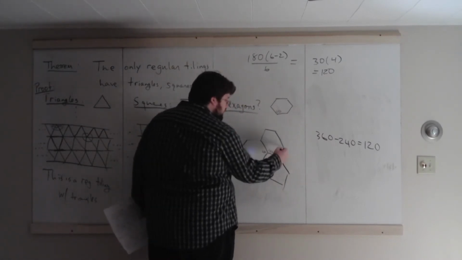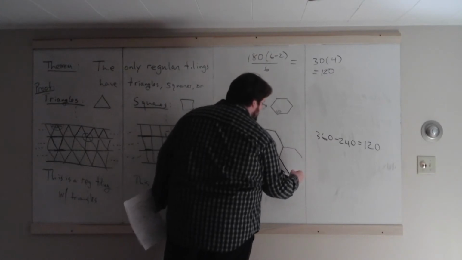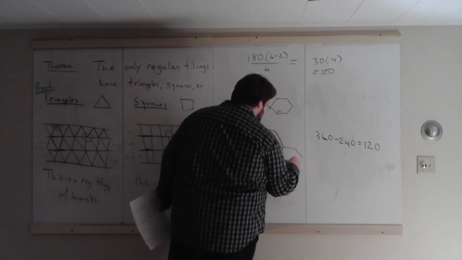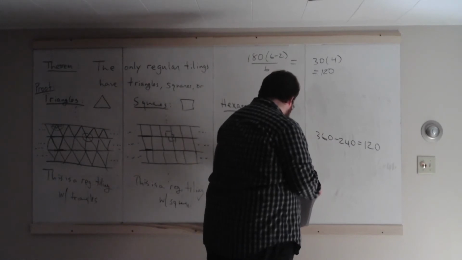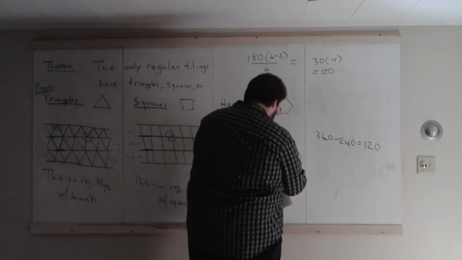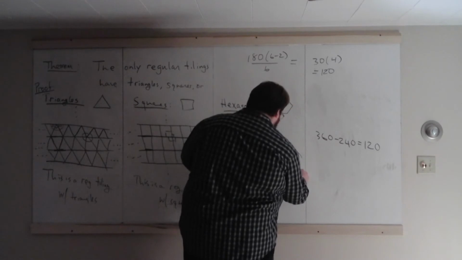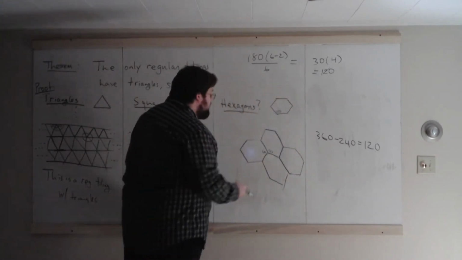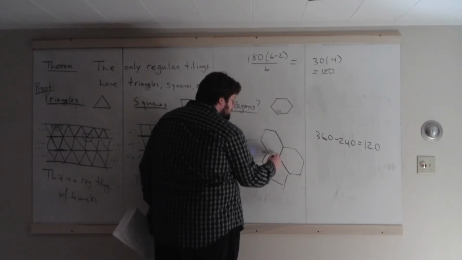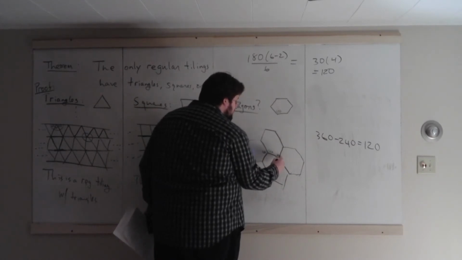And how about over here? How many sides does a hexagon have? 6. Let's see, that one's parallel up there, and then that should go down like that. Right here, we could fit another hexagon because we have 120, 120, and another 120.